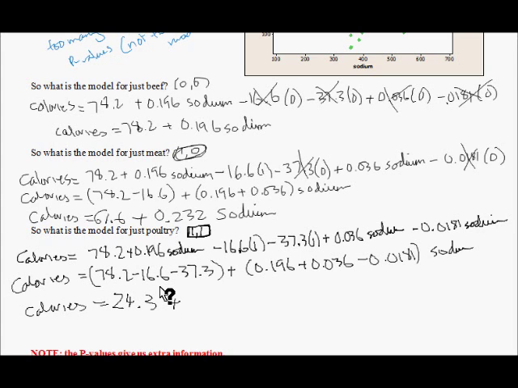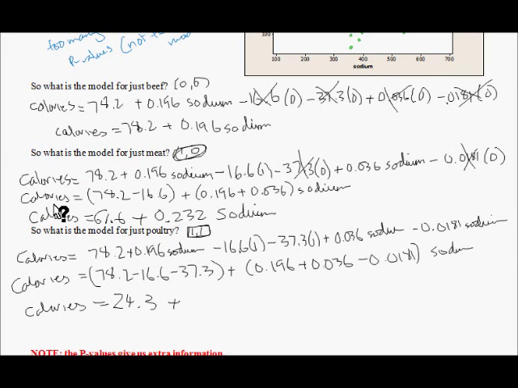And now plus, we want 0.196 plus 0.036. 0.196 plus 0.036 gave us our 0.232, but we want to add 0.0181. Let me try that again.